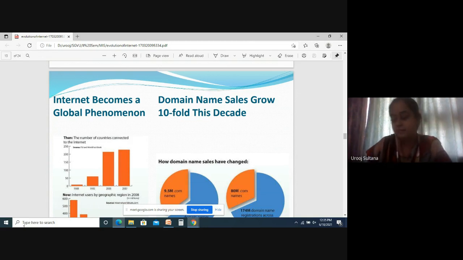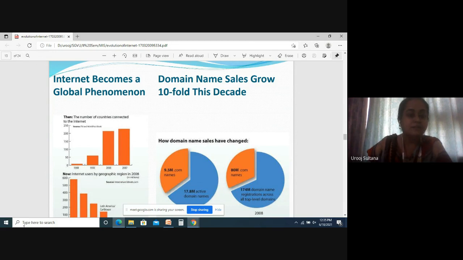These are some graphs showing how internet users grow, and how the number of countries connected to the internet grows. In 1988, about zero to some countries had connected. Then in 1993 it is more than 50 countries that have been using the internet.